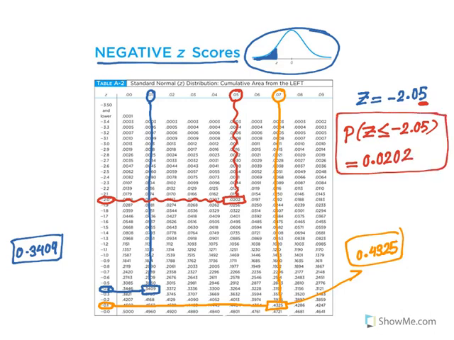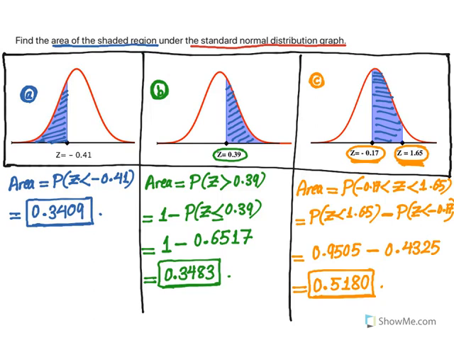Okay, I hope that by now you understand this table a little better. Watch this video again if you are still not sure about this, and notice that there are two ways of asking this question. Either they give you just the graph and ask you to find the area under it, or the question could be just find this probability.